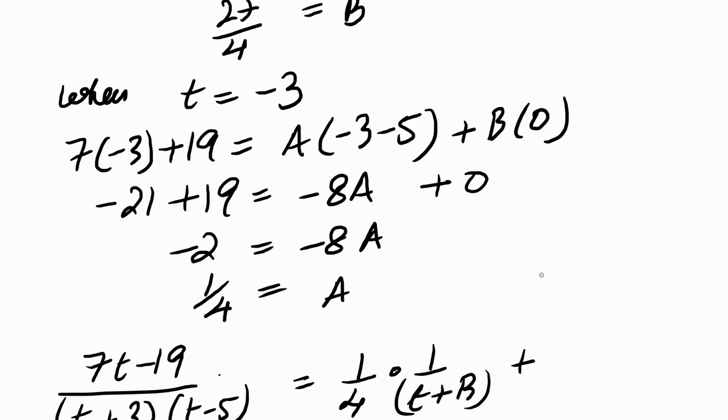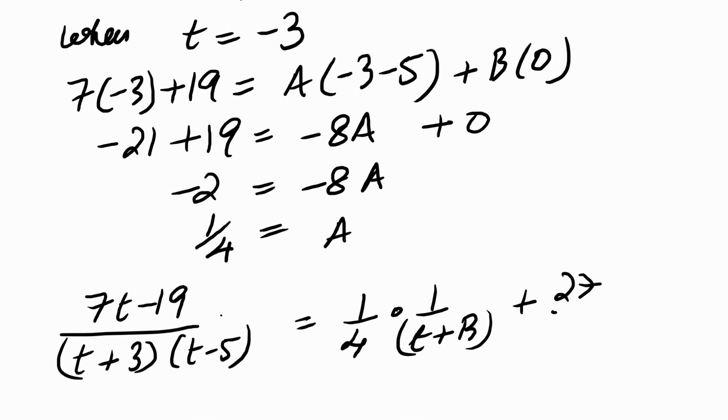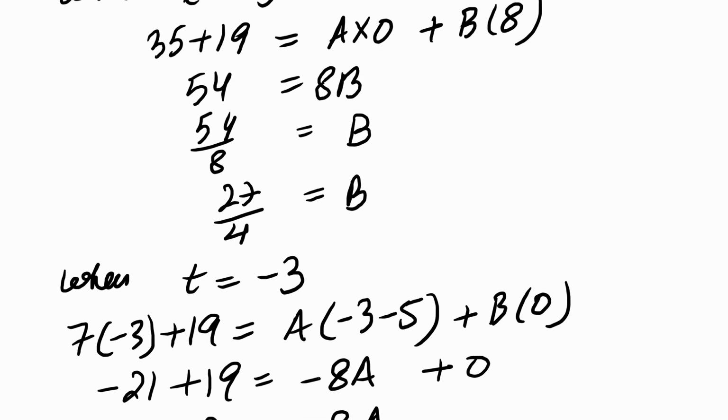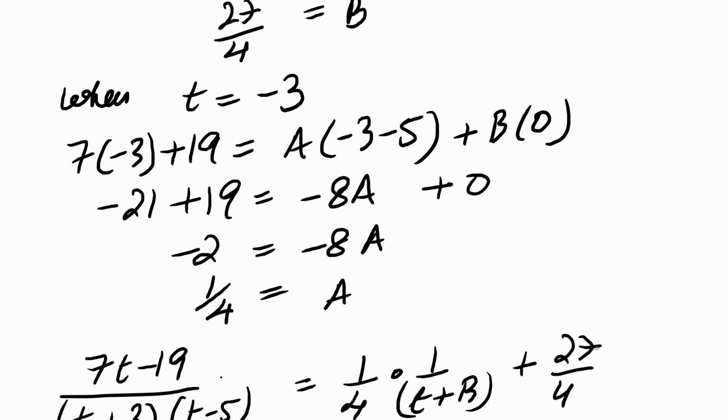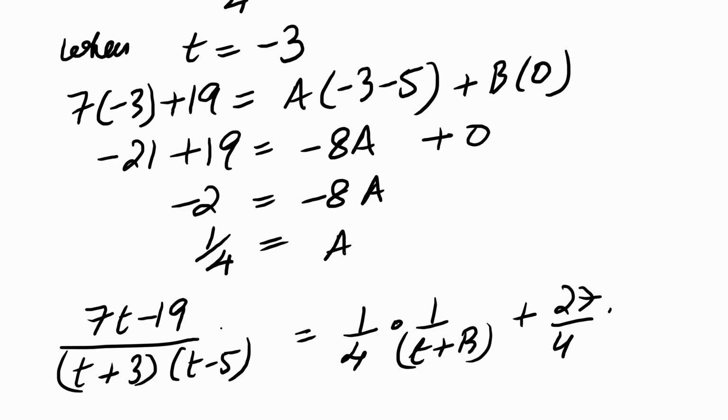Plus B was 27 upon 4, and denominator was t minus 5, 1 upon t minus 5. So this I have got for this fraction.